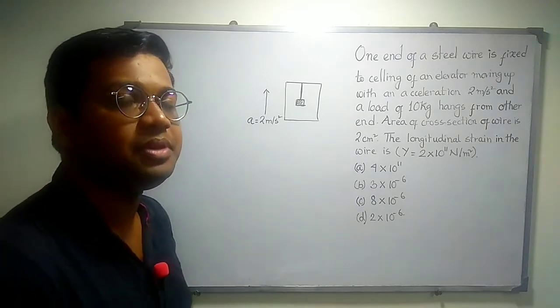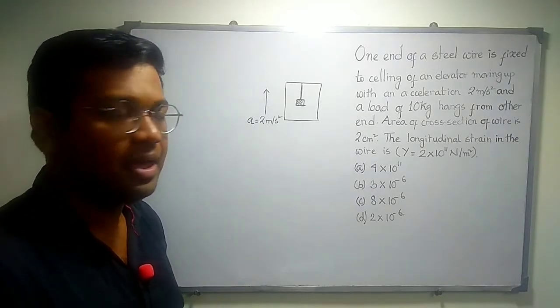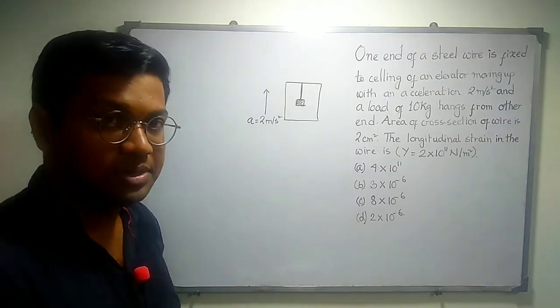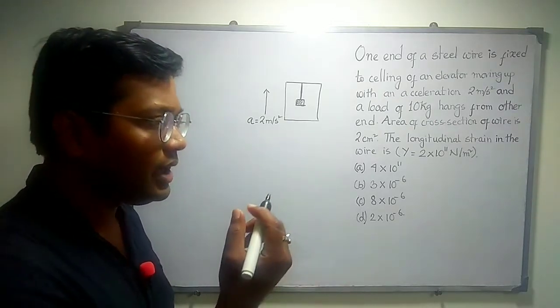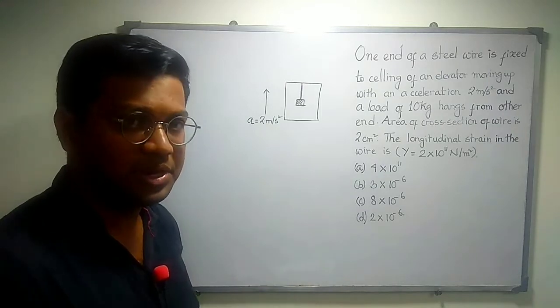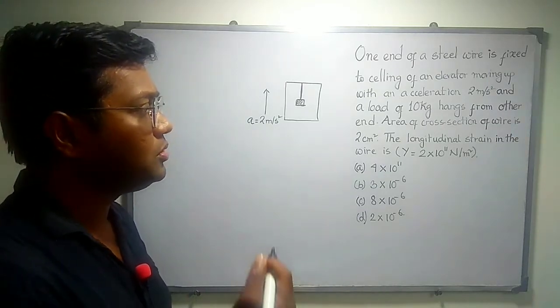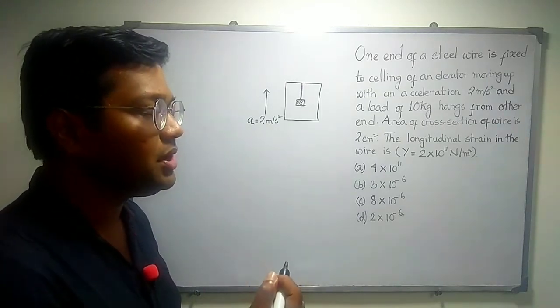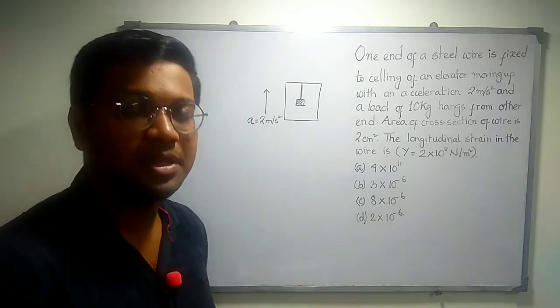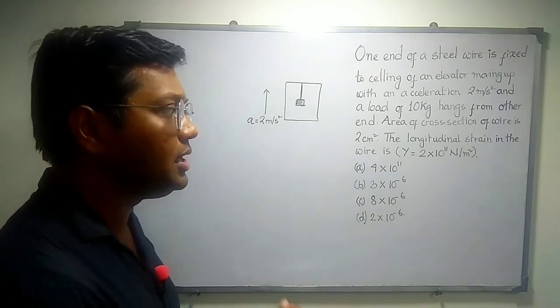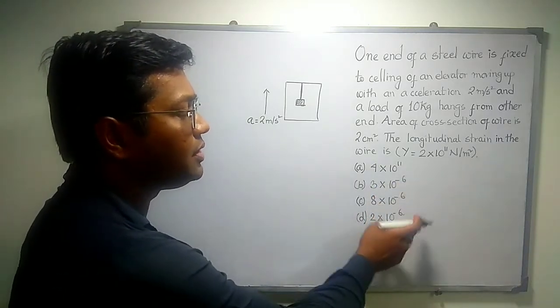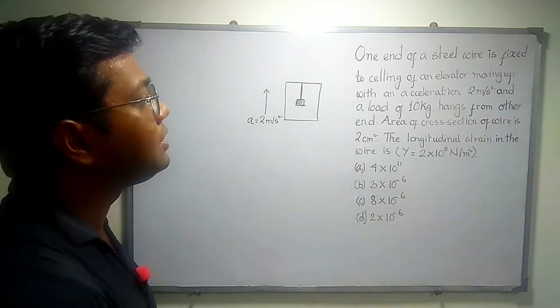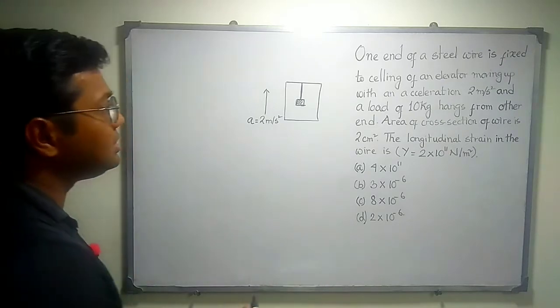One thing to be noticed is that longitudinal strain has no unit, since it is a ratio of the elongation divided by the initial length. So if both are represented in meter or both in centimeter, the longitudinal strain has no unit, so no units are given here. Just try to understand that.